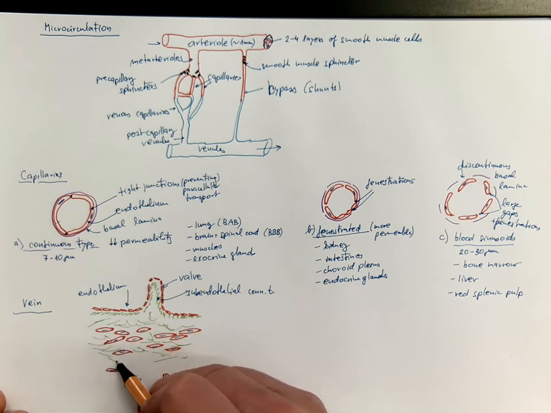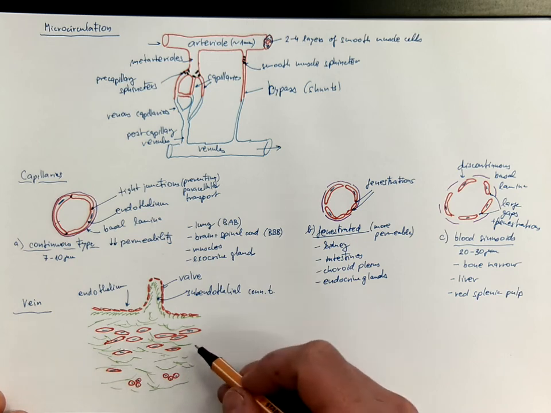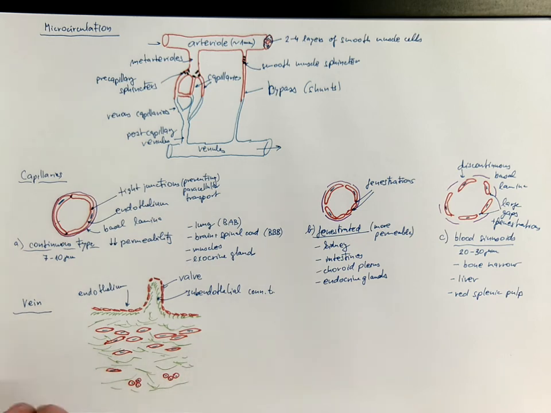Collagen and glycosaminoglycan. So the quality of the vascular wall strongly depends on the quality of the connective tissue. And in the adventitia we also have the vasa vasorum and the nervi vasorum.